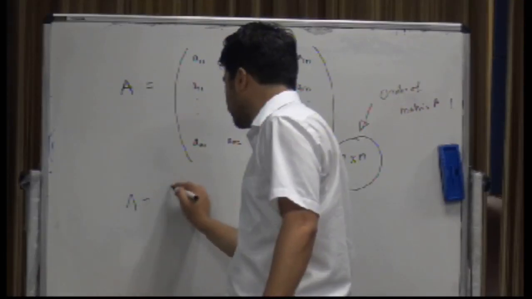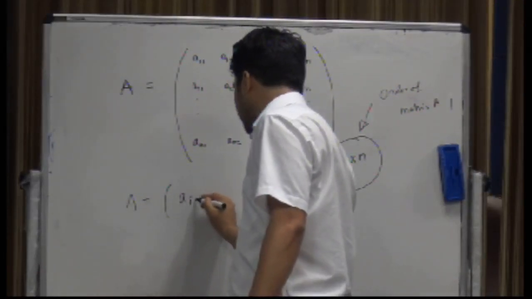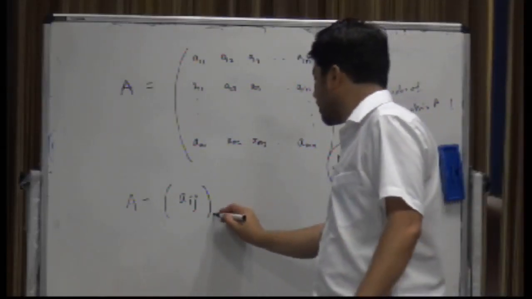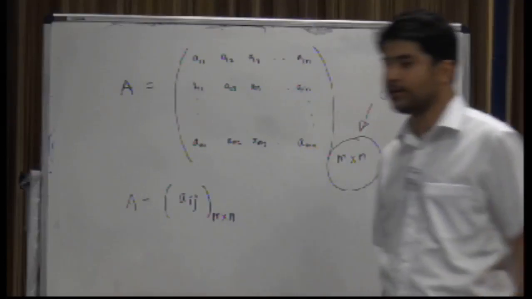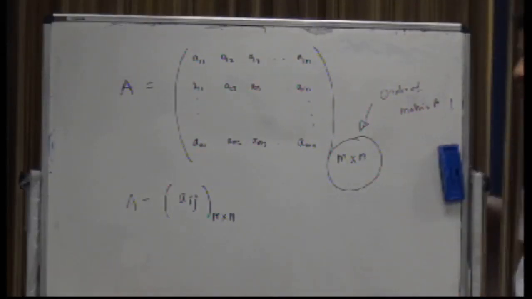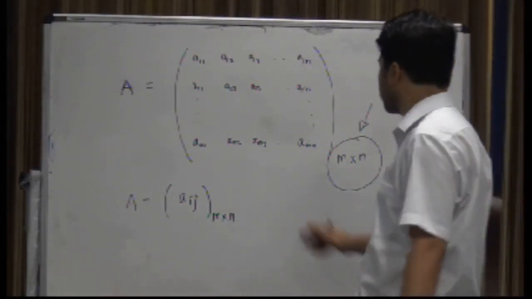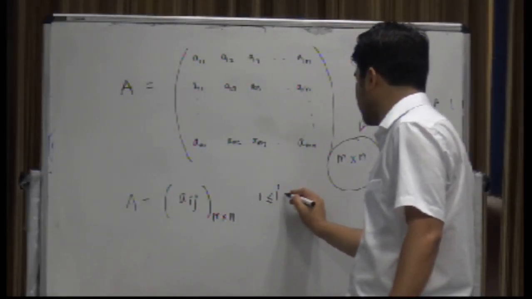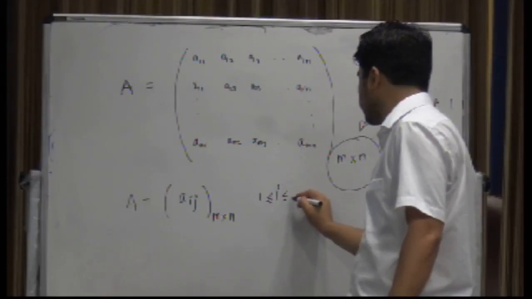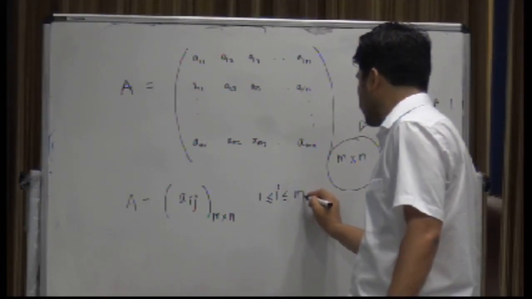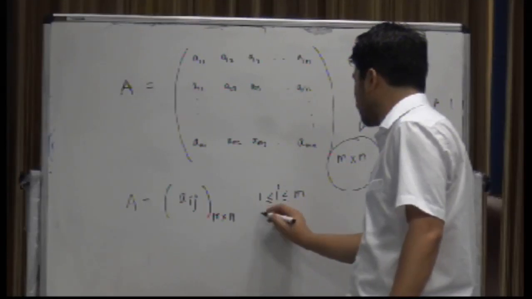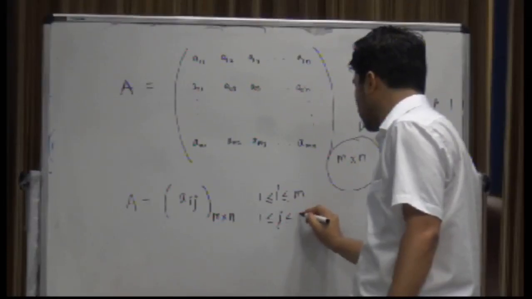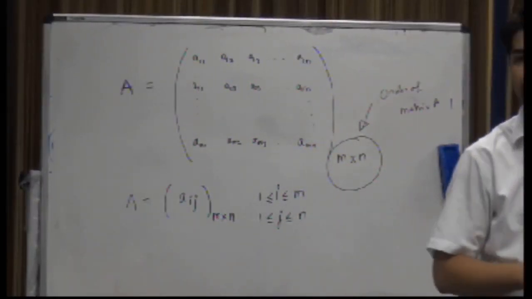The other representation can be this way: A is equal to Aij, m cross n. Understood?